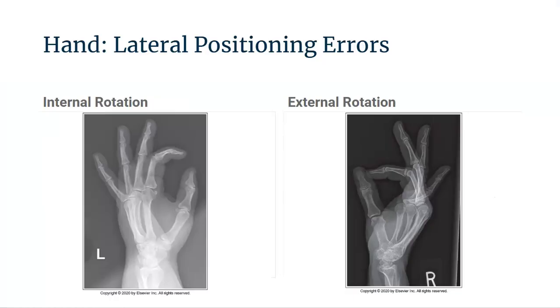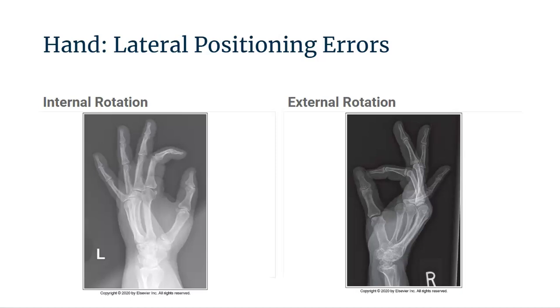So let's discuss some common positioning errors encountered in the fan lateral projection of the hand and how to identify them utilizing metacarpal alignment. In external hand rotation, the midshafts of the metacarpals will not be superimposed, and the 5th metacarpal is seen anterior to the 2nd through 4th metacarpals.